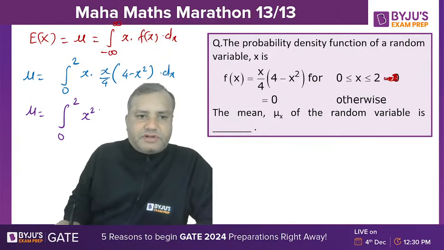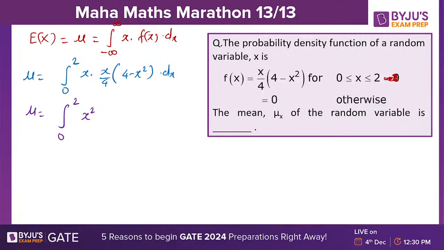So x square is the first term, minus x cube upon 4. Integration of x square will be x cubed by 3. Integration of x cube will be x raised to 4 by 4. Limits are 0 to 2.